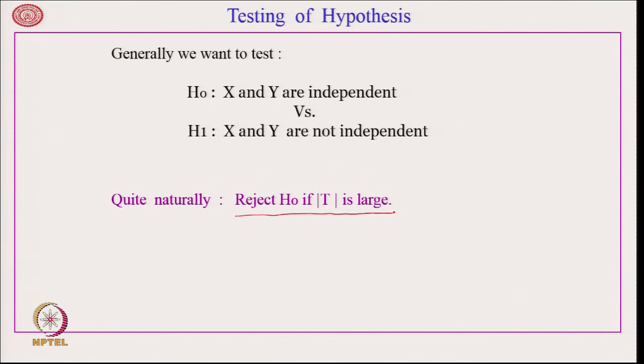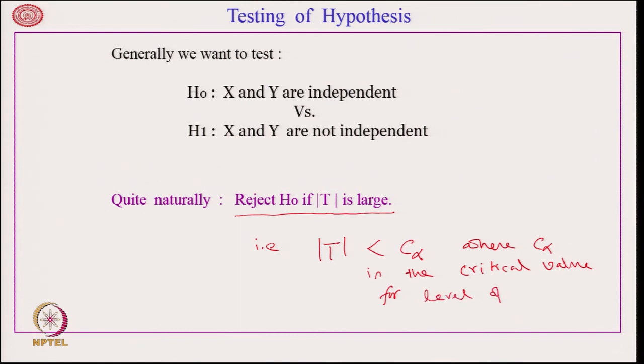That means the sample observations need not give us the exact value 0, but the measure should be less than some critical value C alpha, where C alpha is the critical value for level of significance equal to alpha.